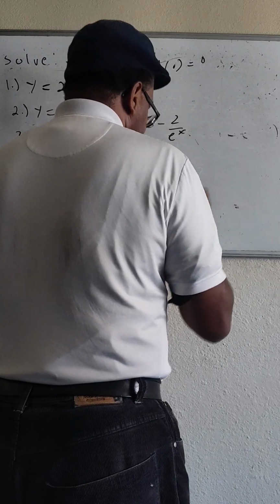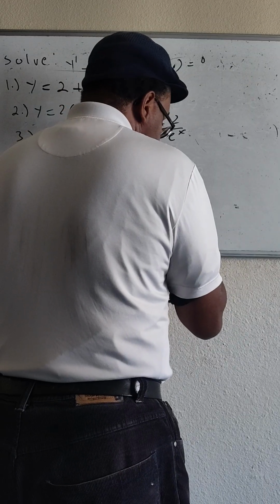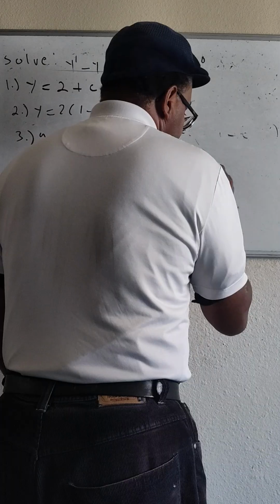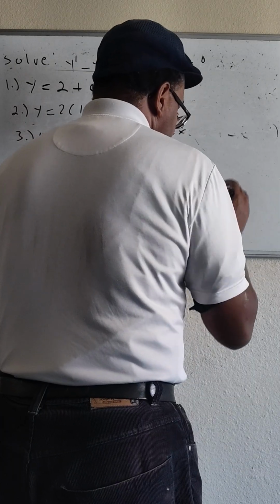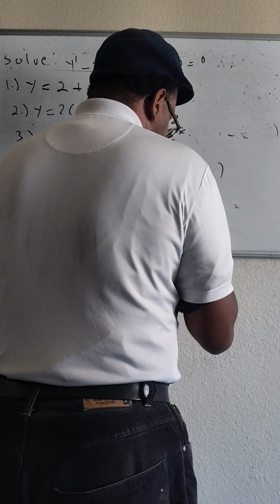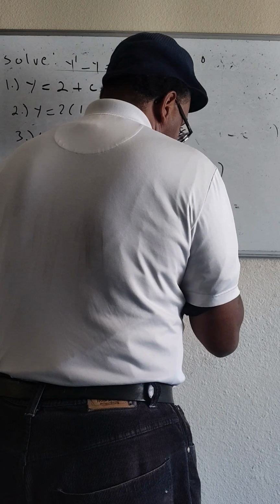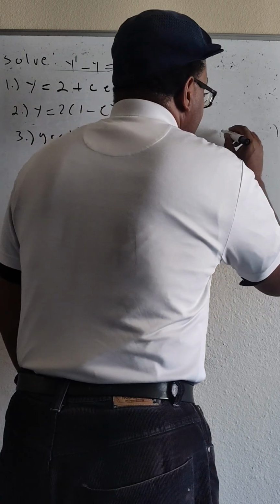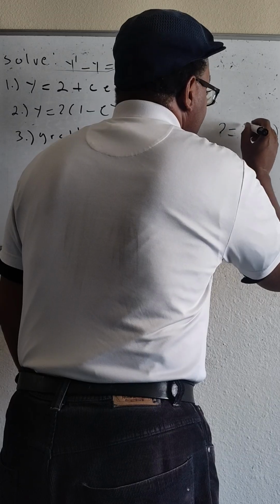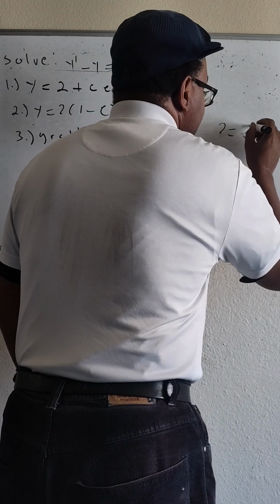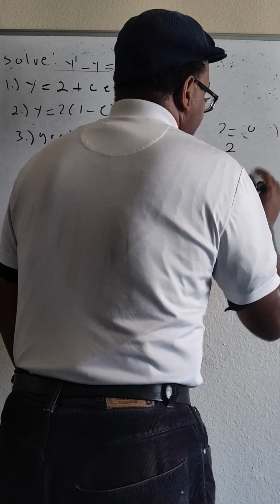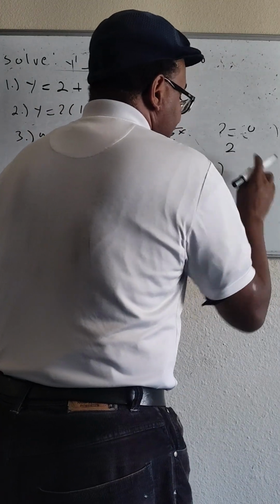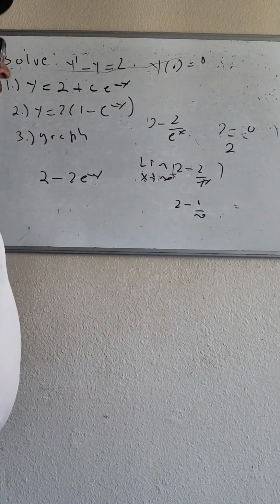Use the limit laws, and guess what? We got 2 minus 1 over infinity, and that will be 0. So guess what? Our limiting factor is 2. No matter what, we bound it. That's our limiting factor: 2. All right?